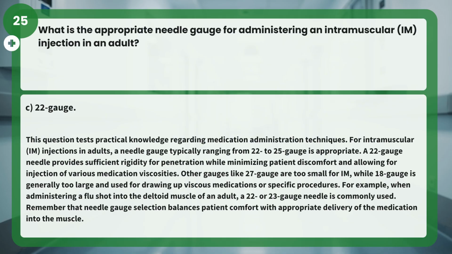Other gauges like 27 gauge are too small for IM, while 18 gauge is generally too large and used for drawing up viscous medications or specific procedures. For example, when administering a flu shot into the deltoid muscle of an adult, a 22 or 23 gauge needle is commonly used. Remember that needle gauge selection balances patient comfort with appropriate delivery of the medication into the muscle.